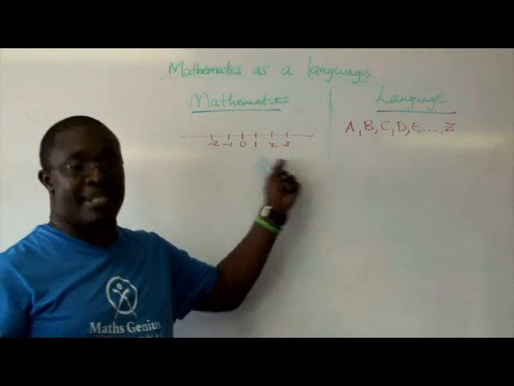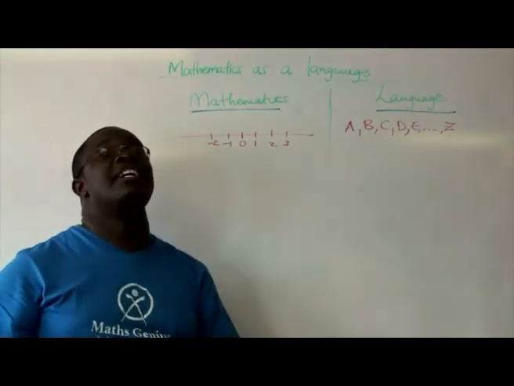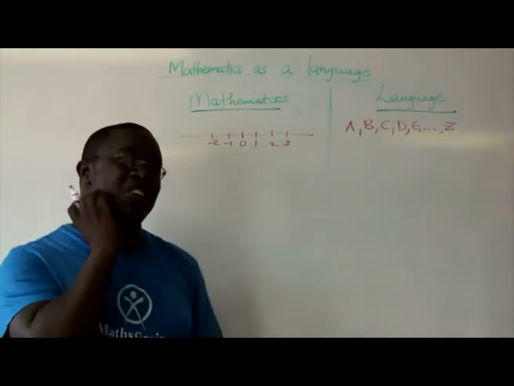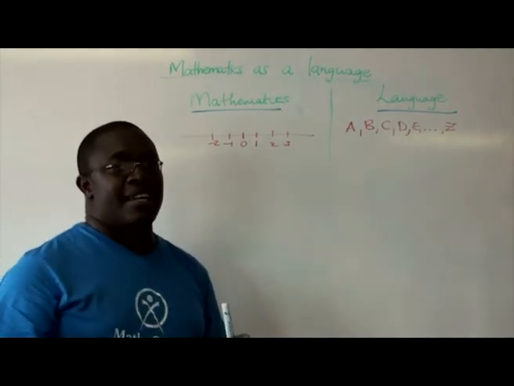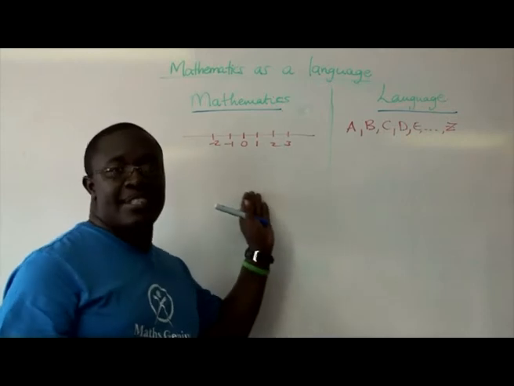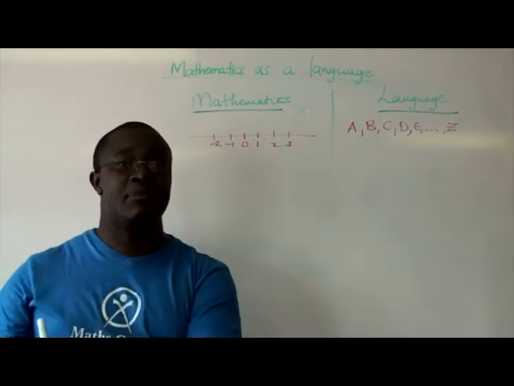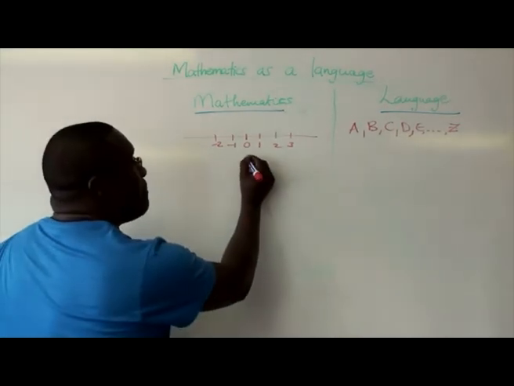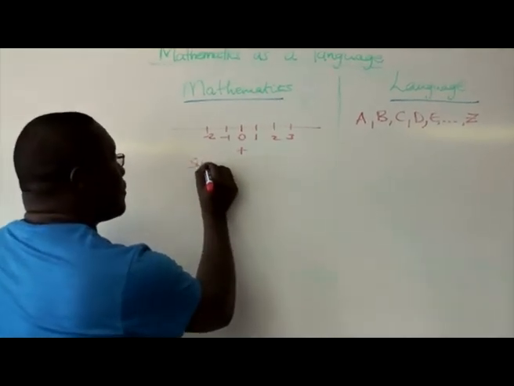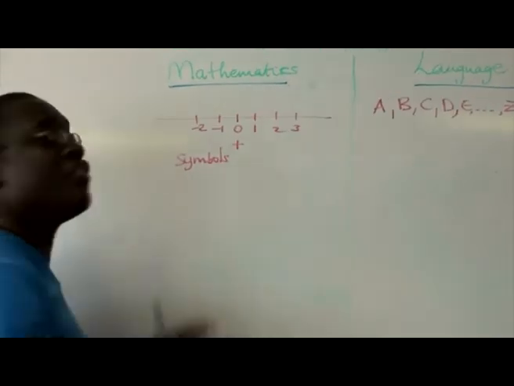All the real numbers form part of the alphabet. But now you find that because maths is not just a language of numbers, it's also a language of symbols. So the number line plus the symbols will give you the full alphabet for mathematics.